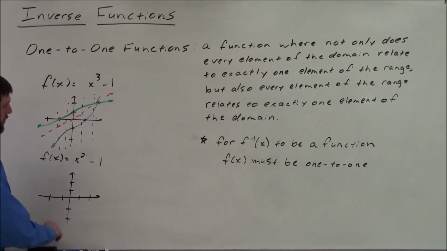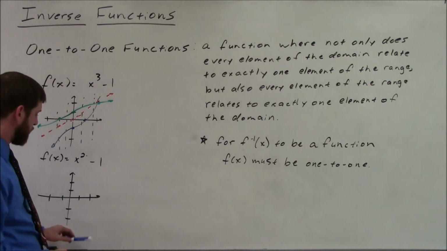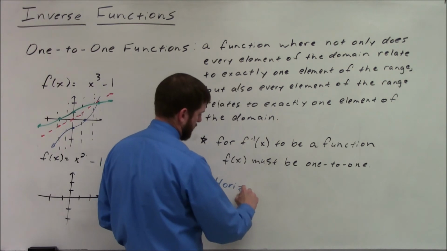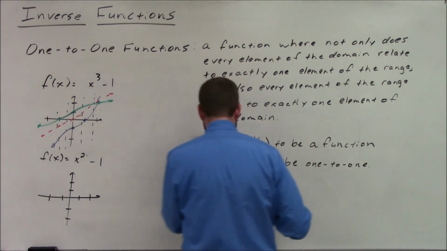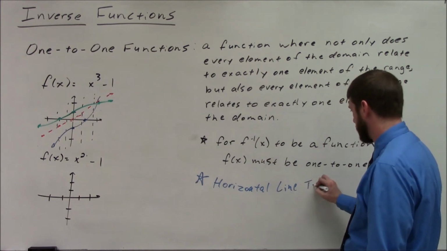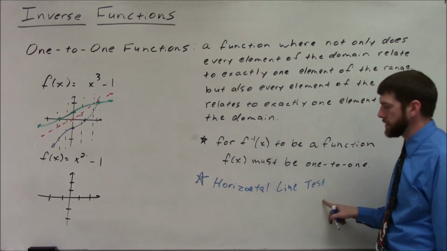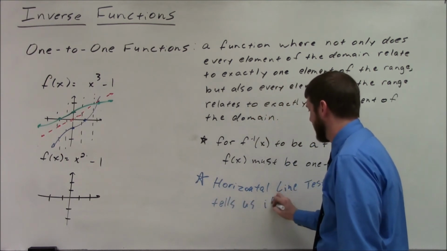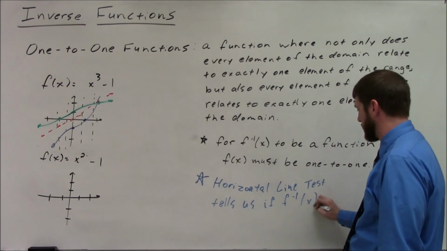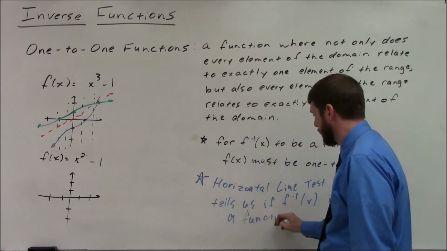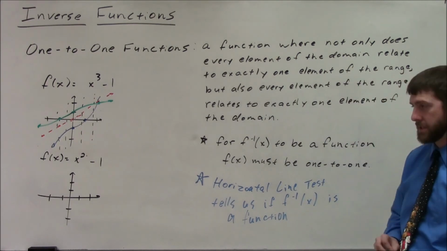So that's what's going on when we're talking about this one-to-one. To test for one-to-oneness, we're actually going to run a horizontal line test. Horizontal line test tells me nothing about the actual function. Horizontal line test tells us if f inverse of x is a function.